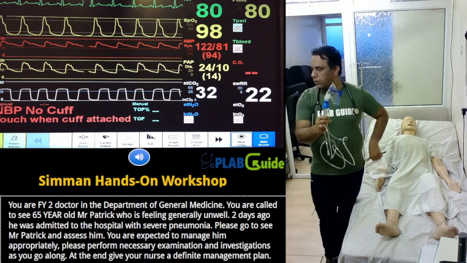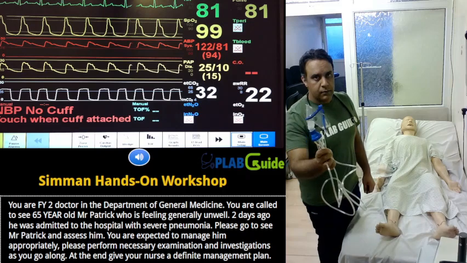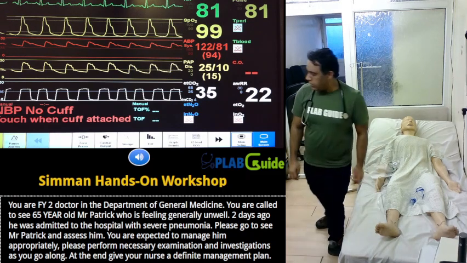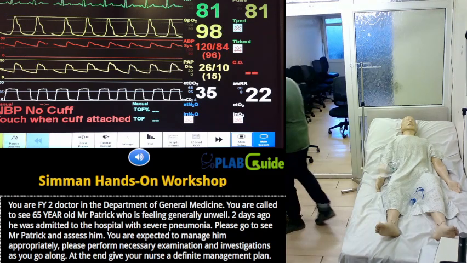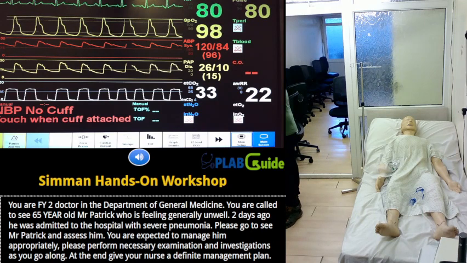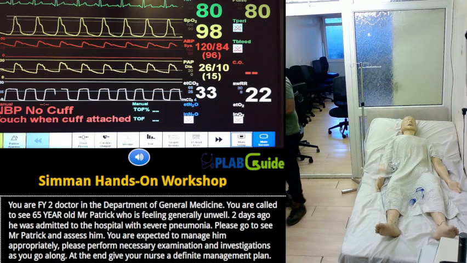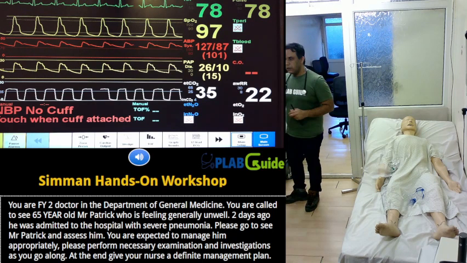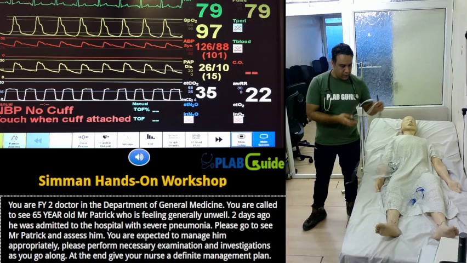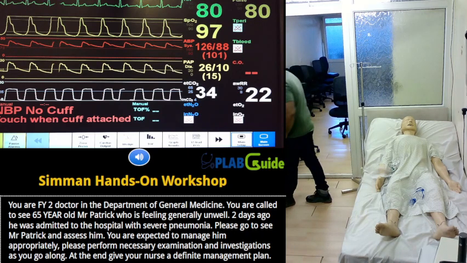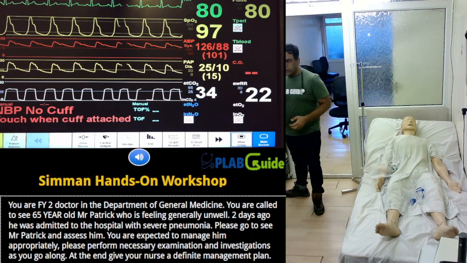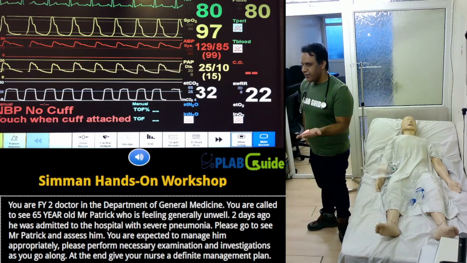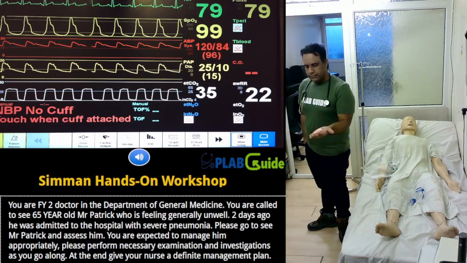Nebulizer. Okay, very good. And what is this? It's a nasal cannula. This is a nasal cannula. Did anyone see those kinds of structures? What is this?